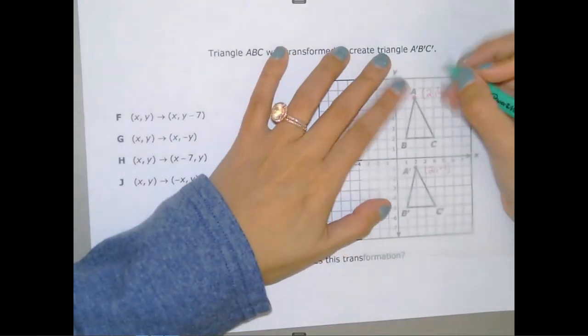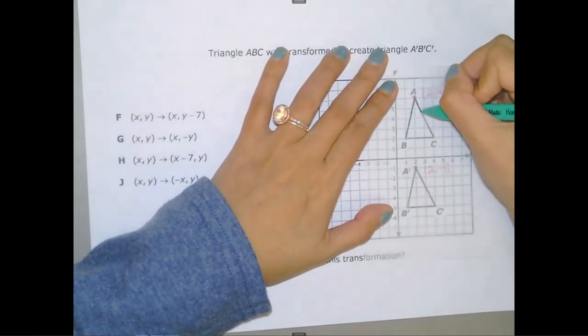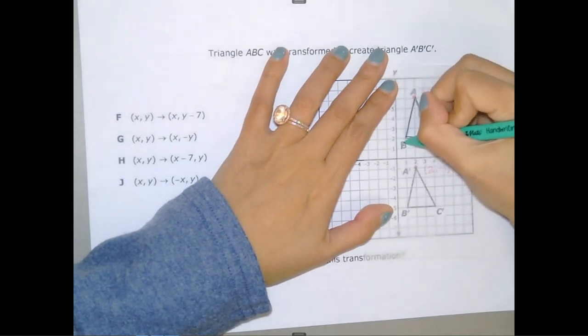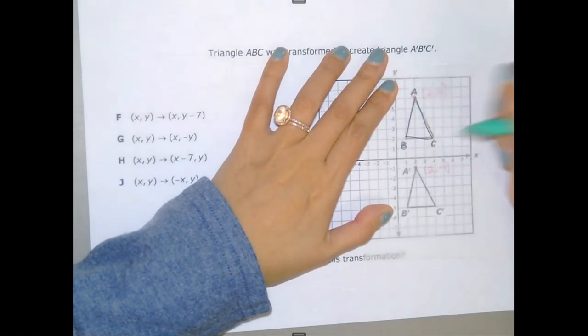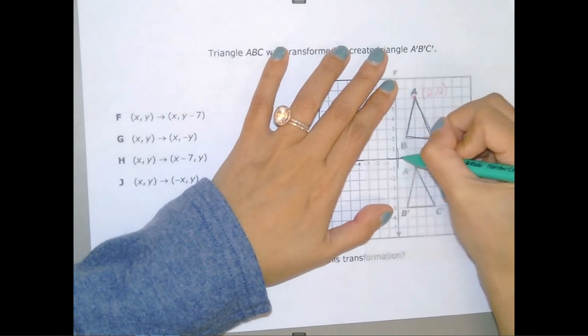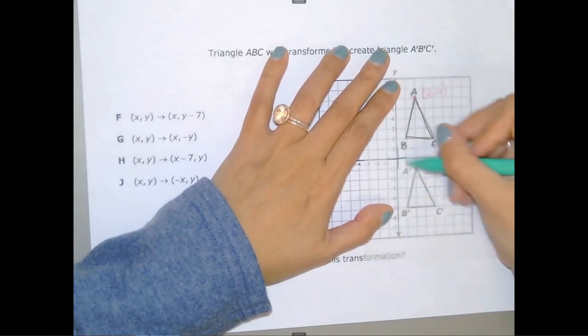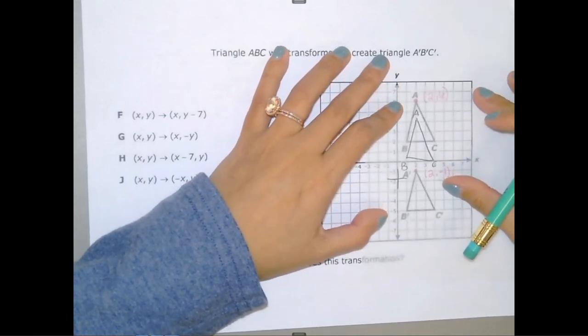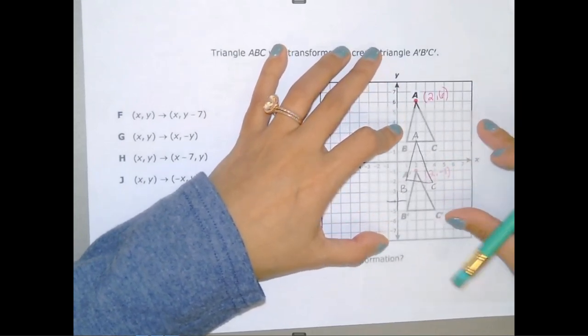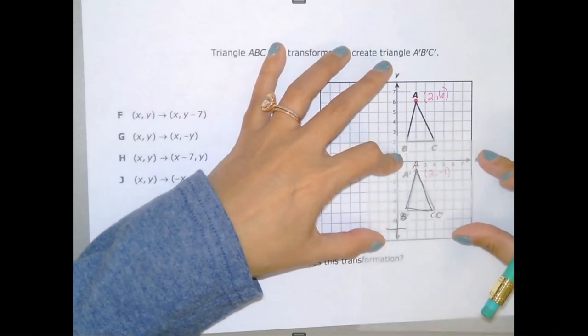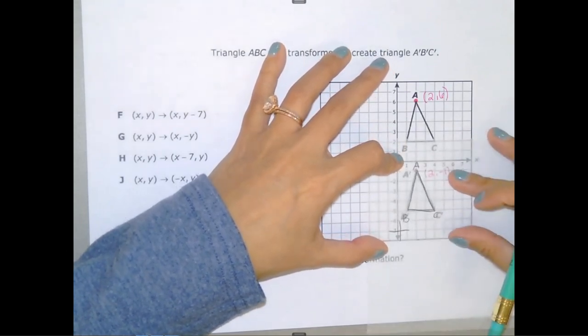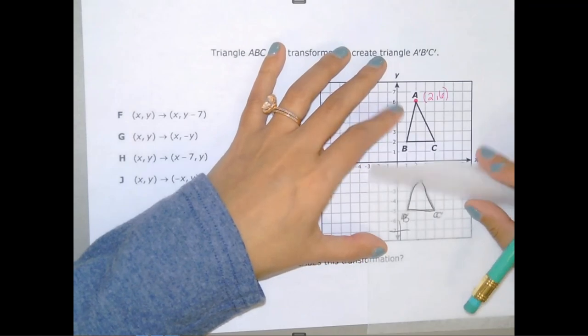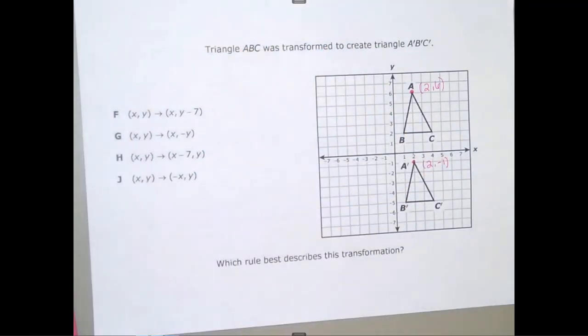So if I drew my shape on my patty paper and I made sure I had my origin, I can see that to get to my A prime, I actually went 1, 2, 3, 4, 5, 6, 7 spaces down. So I did have a translation and I did 7 spaces down.